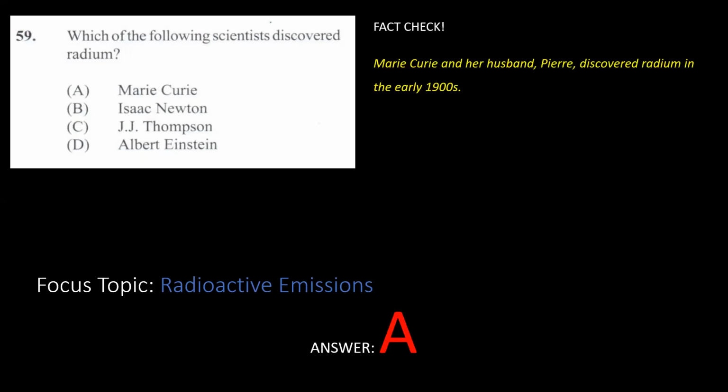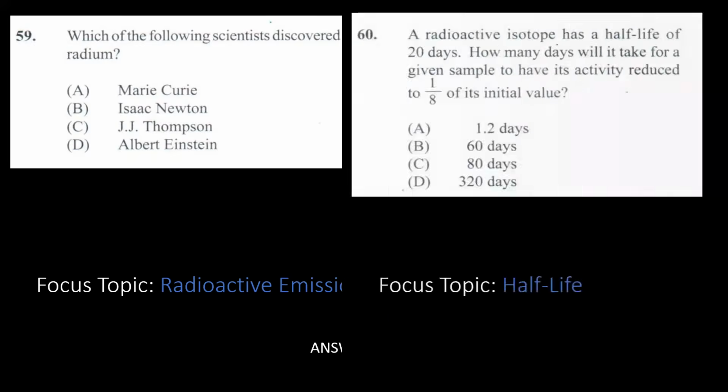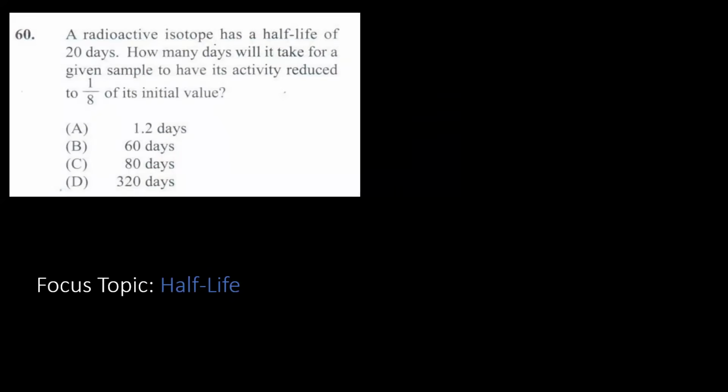And now to our last question for the day. All right. Finally, we have a radioactive isotope which has a half-life of 20 days. And we're asked how many days it will take for a given sample to have its activity reduced to 1/8 of its initial value.